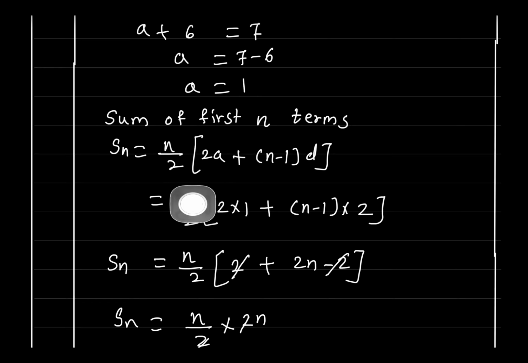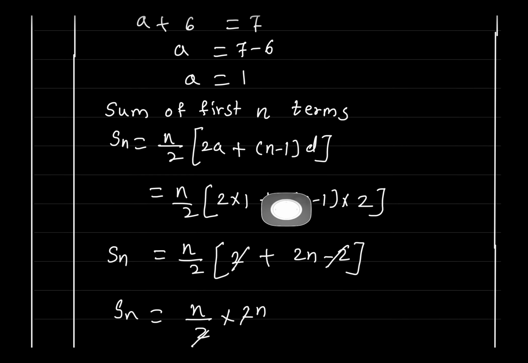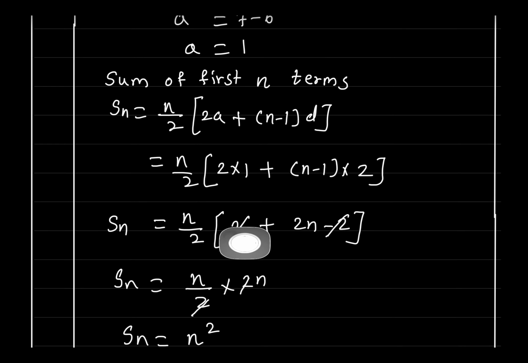So now the sum of the first n terms. Sn equal to n upon 2, here is the sum of the first n terms. They asked in the question to find the sum of the first n terms. So n upon 2 into (2a plus (n minus 1) into d). The a value you know, 2 into 1, n minus 1 into 2.